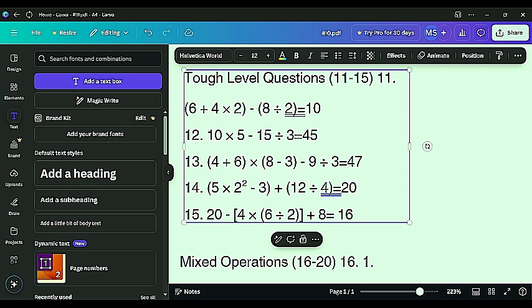Okay, after that we have to do multiplication first. Okay, 50. After that do this, gives us 5, and 5 minus 45, 50 equal 45. 45 is equal to 45. That is true.